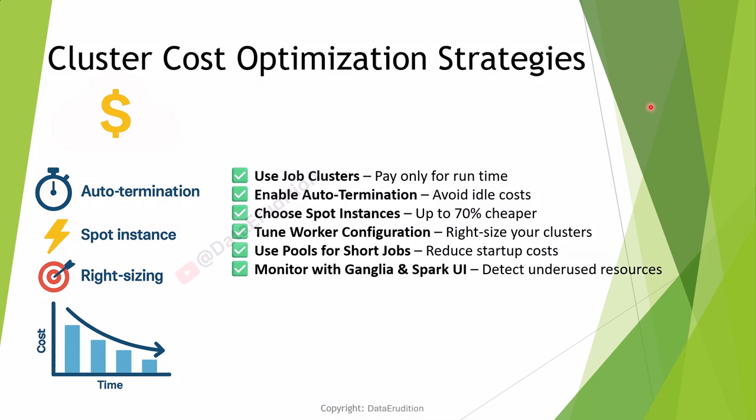I will let you know the Azure Databricks URL, how the cluster configuration happens, right? So you can utilize that detail also. By using this screen you can see: use job clusters, which pay only for runtime, and enable auto termination, which avoids idle time, right?